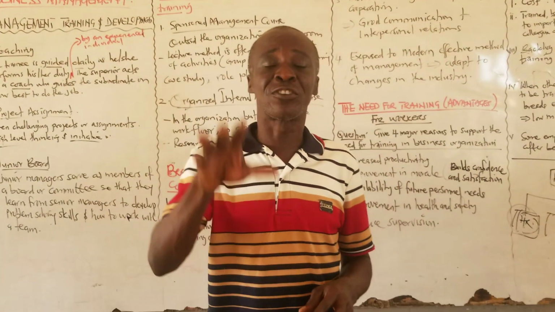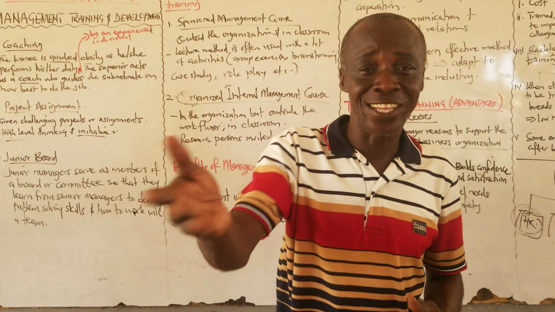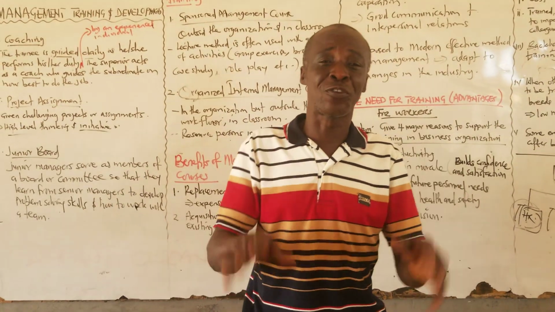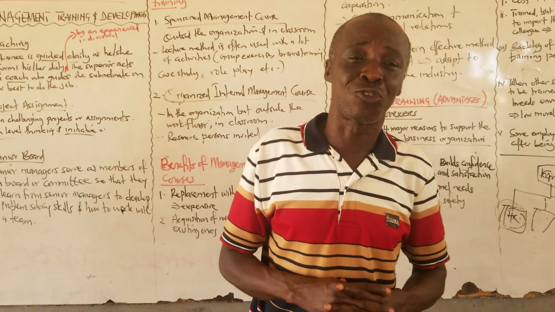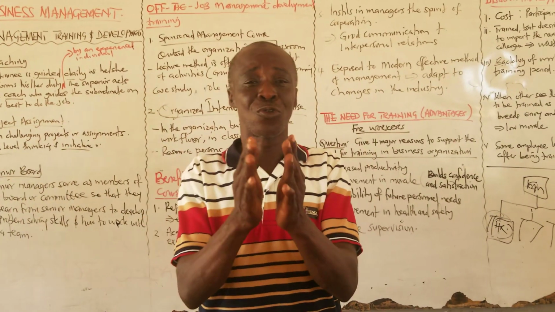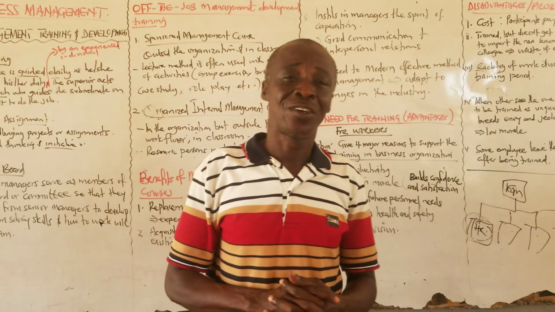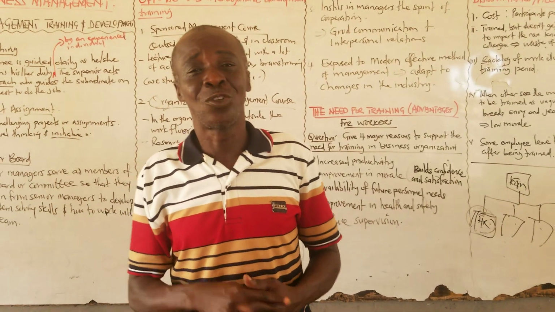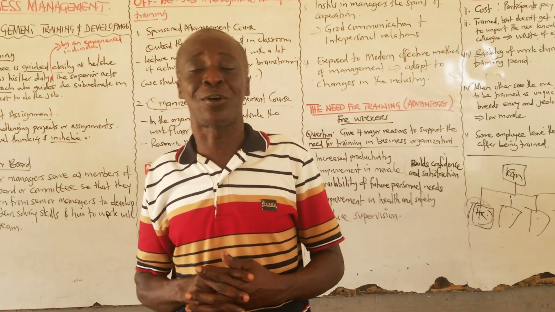Now, when supervision is reduced, what do you think will be the implication? Very simple. That means the number of supervisors will also be reduced. You remember what we did long time ago when we were looking at span of control? When can you use narrow span of control? When can you use broad, wide span of control? The factors that account for that. So we said ability of your subordinates.